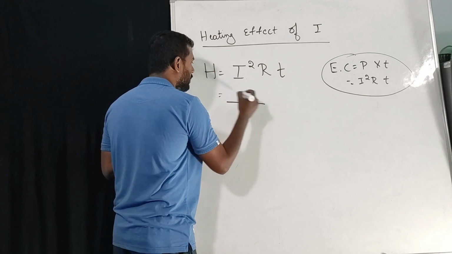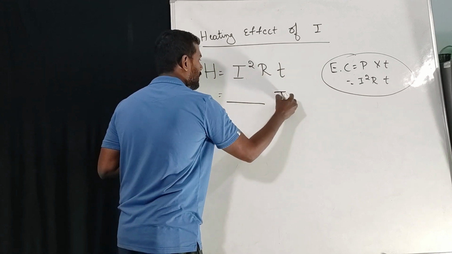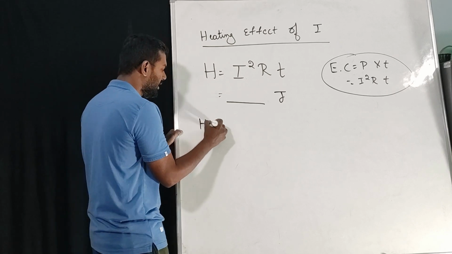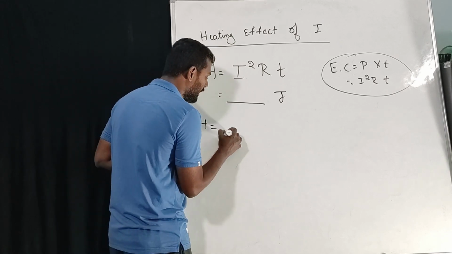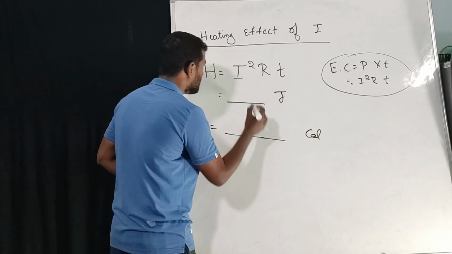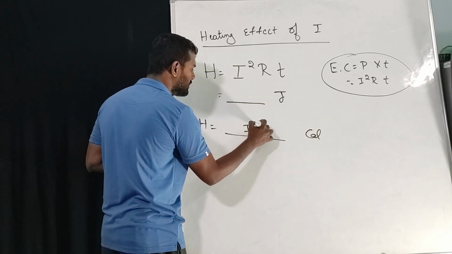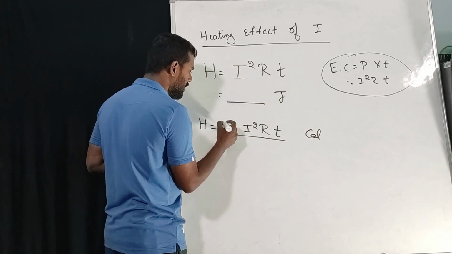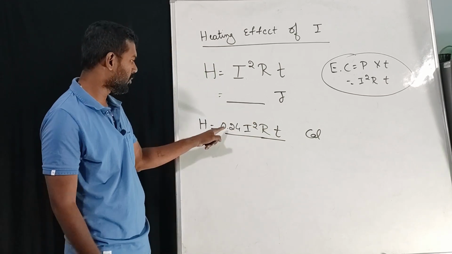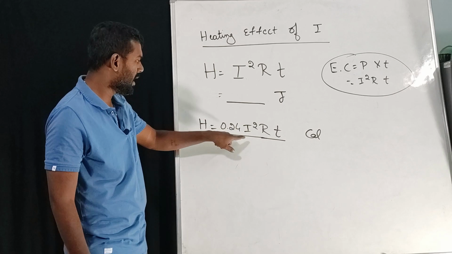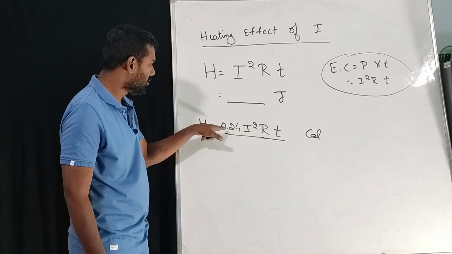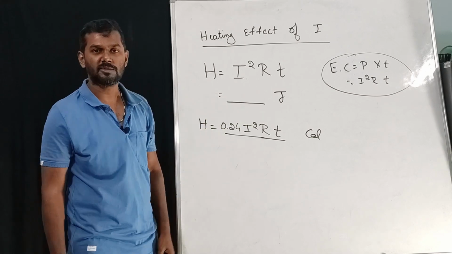Whatever answer you get from this formula will be in terms of joules. If you want the heat energy answer in terms of calories, write the same formula, I square R T, multiplied by 0.24. With the 0.24, you will get the answer in terms of calories. Without 0.24, you will get the answer in terms of joules.